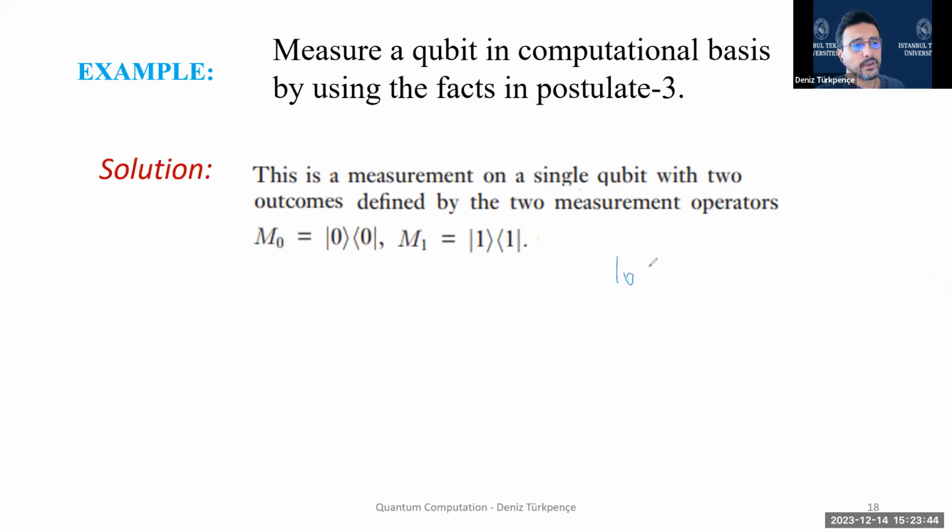Because this is the measurement operator, and I know that the square of this measurement operator should be equal to itself. If you multiply it by itself, what you will find here is, I'm sorry, this is an inner product, and it equals 1, and what you obtain is the measurement operator itself.